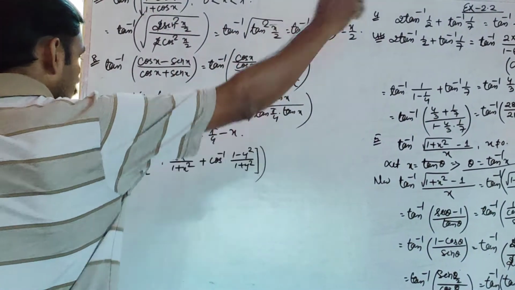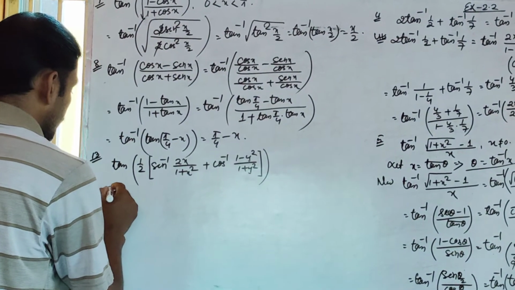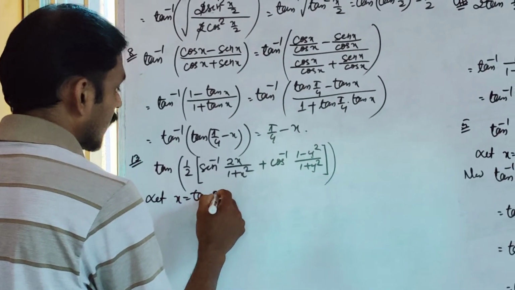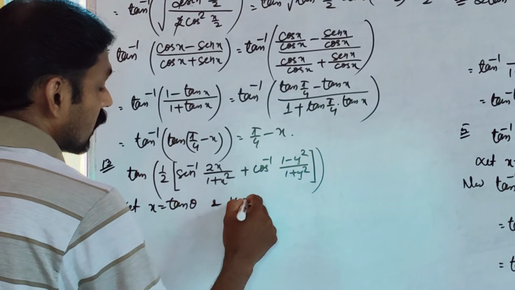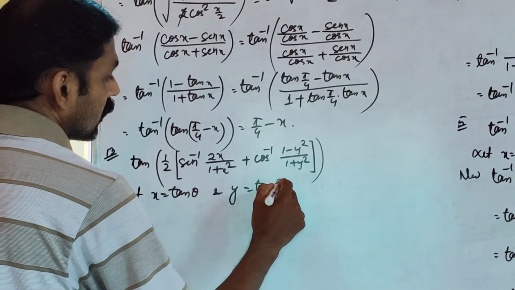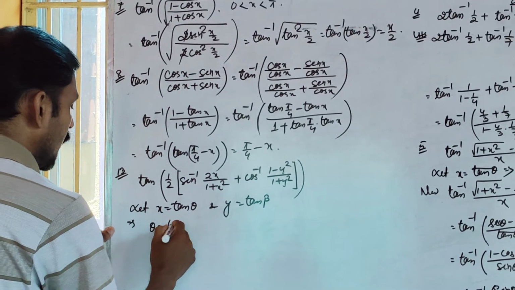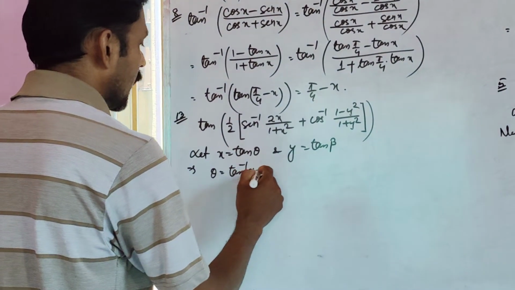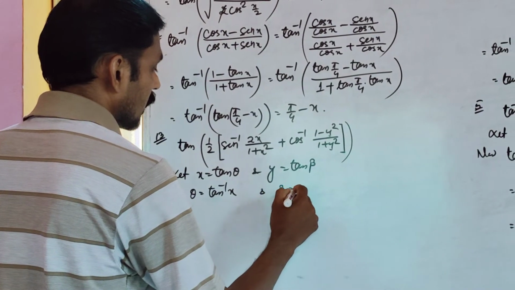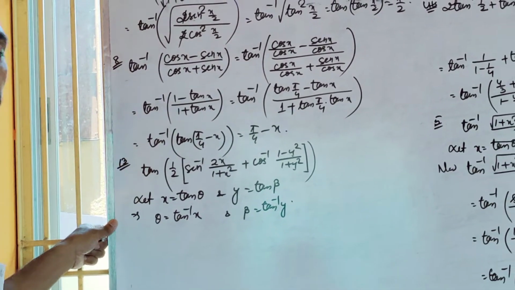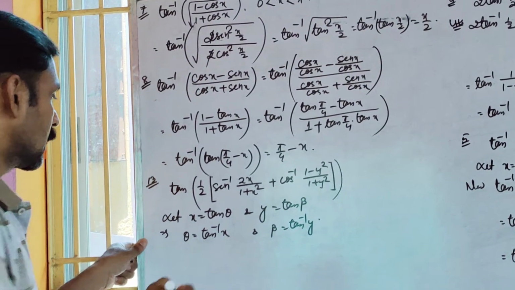So let us take our substitution, that x equal to tan theta and y equal to tan beta. This implies theta will be tan inverse x and beta will be tan inverse y.